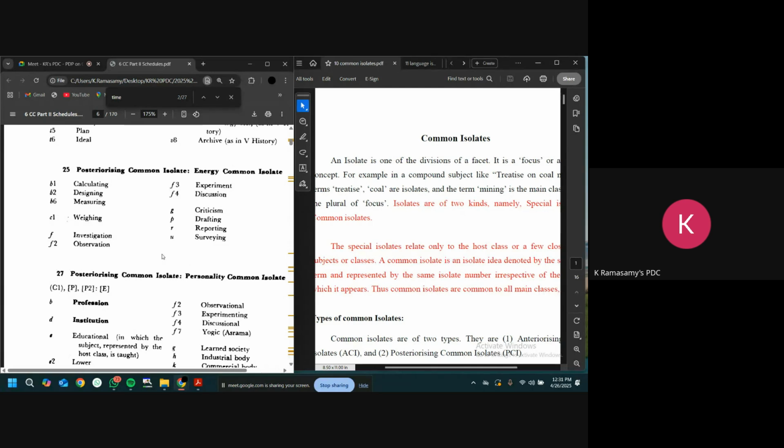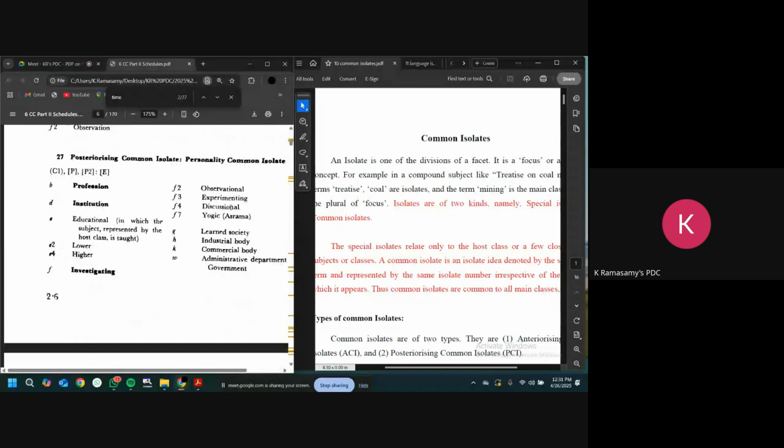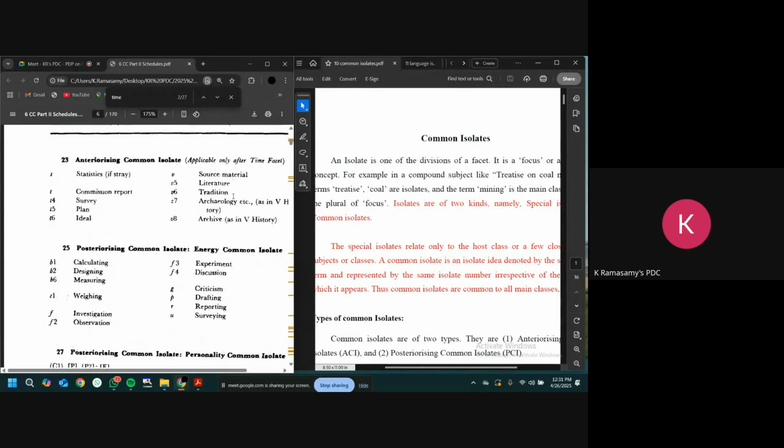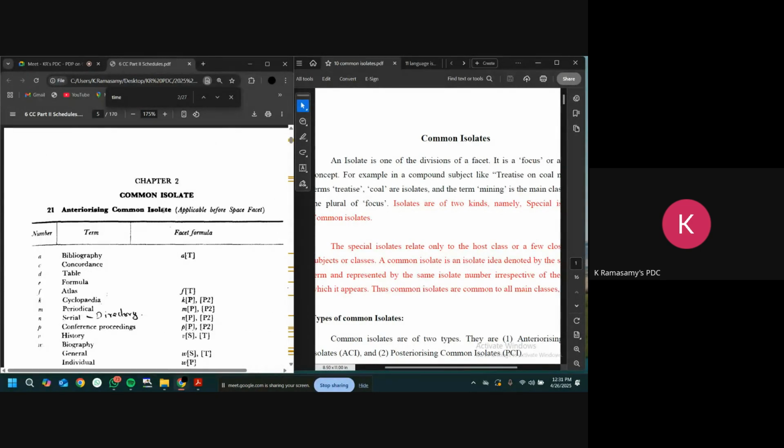If you want to add PCI, you need a connecting symbol. For example, if you want to add PCI energy, you put a colon and then add these numbers. If you want to add PCI personality, put a comma and then add all these numbers. So ACI requires no connecting symbol, but PCI requires a connecting symbol. First point. Second point, the ACI are called approach materials. That means before you start reading a book, you will read this.